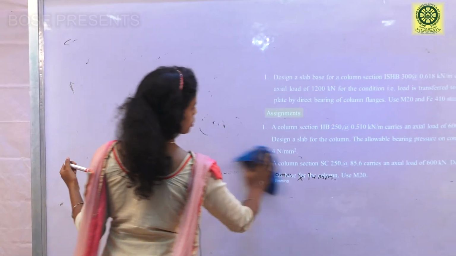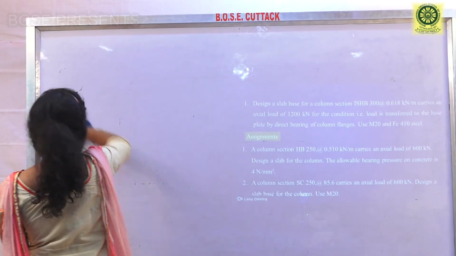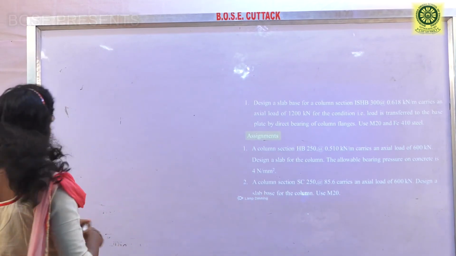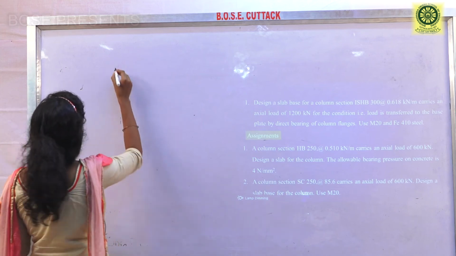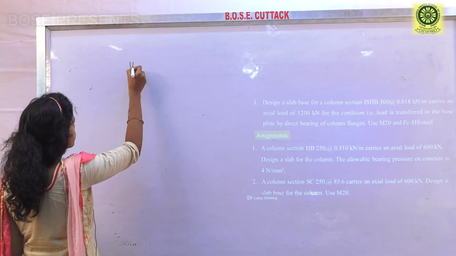Then here the question given is a bolted connection. So you need to connect the plate to the base plate.